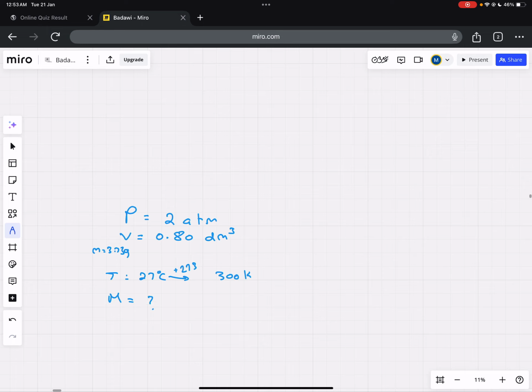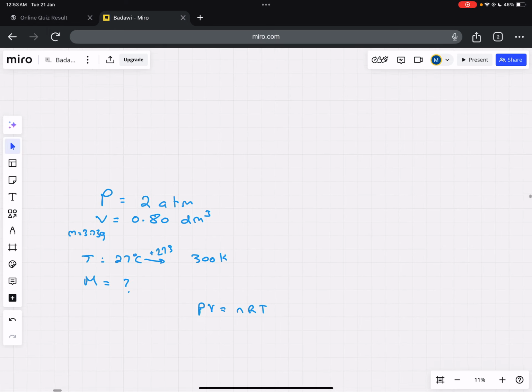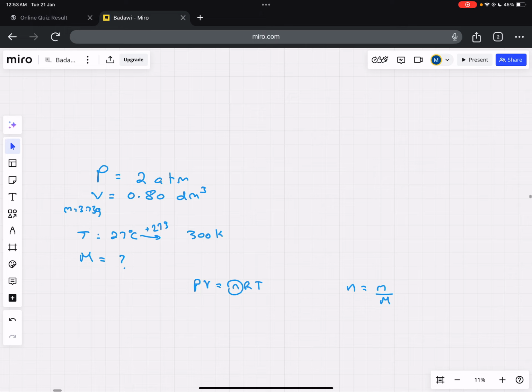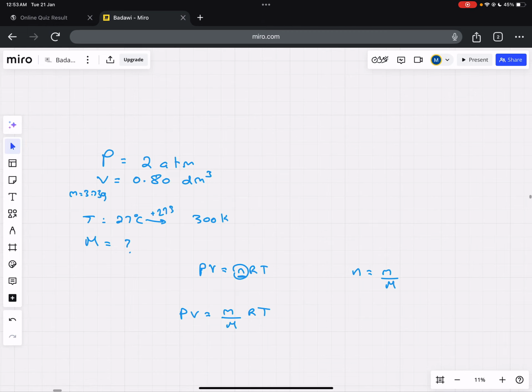Then I would put the equations that I know. So what equation can I use here? I can use PV equals nRT. Now I can solve this question either in one step or in two steps. If I want to solve it in two steps, I will first find the number of moles, and then I know that n is equal to mass over molar mass. Or from the beginning, instead of writing n, I will put mass over molar mass. Then just substitute.